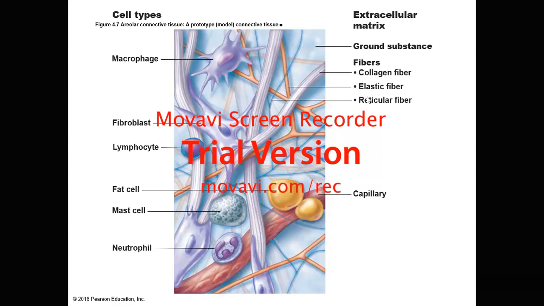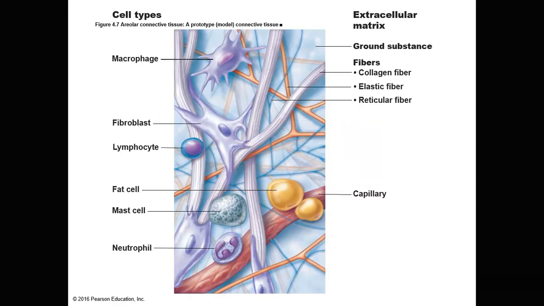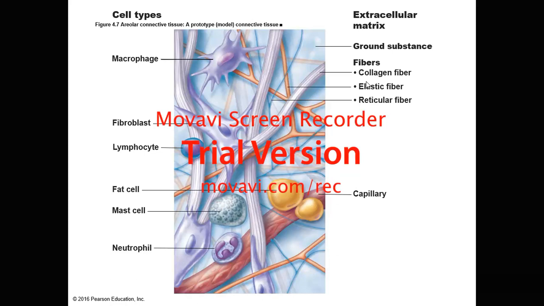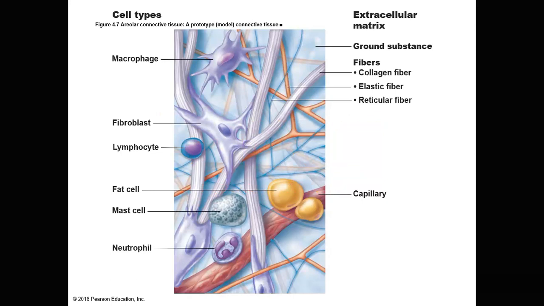And remember, areolar connective tissue is a type of loose connective tissue. It's connective tissue proper, and in the connective tissue proper you have all three types of fibers. Areolar is an example of the loose connective tissue proper. So the extracellular matrix is going to provide structural and biochemical support to the surrounding cells.